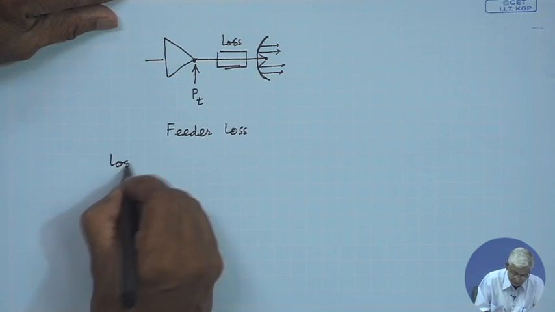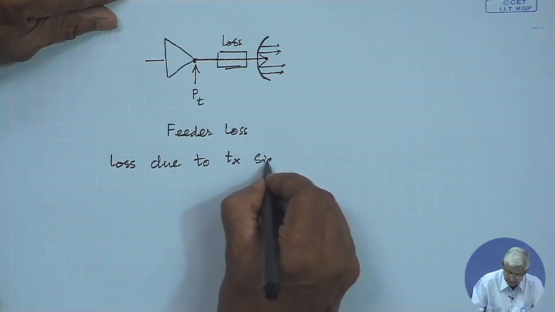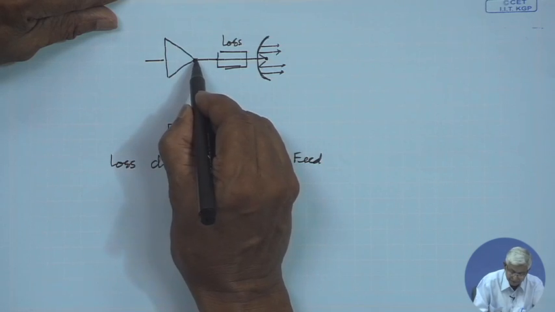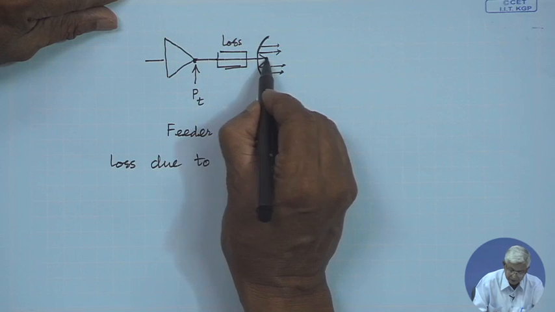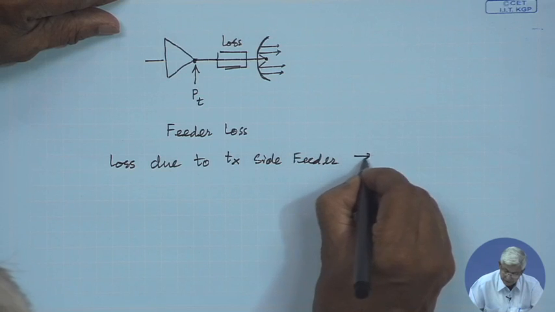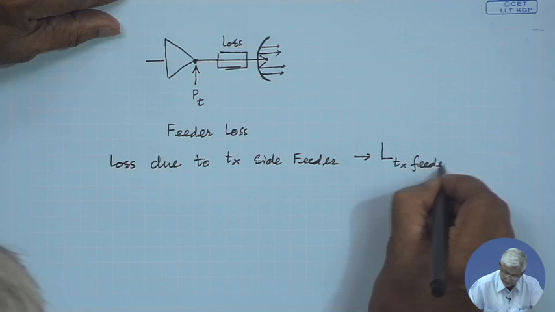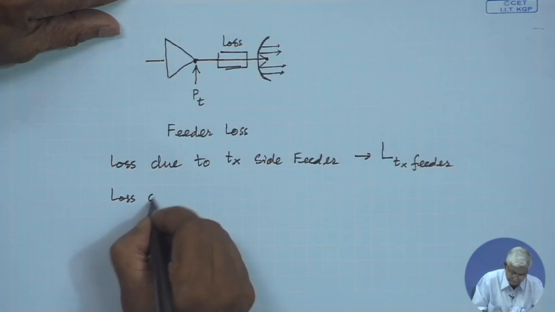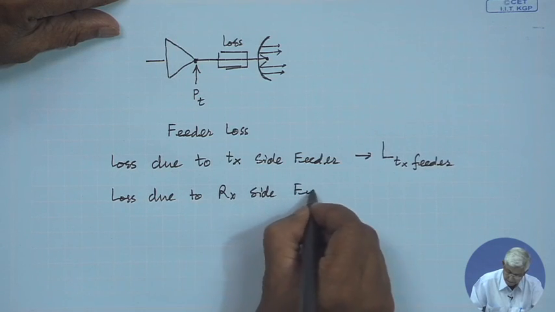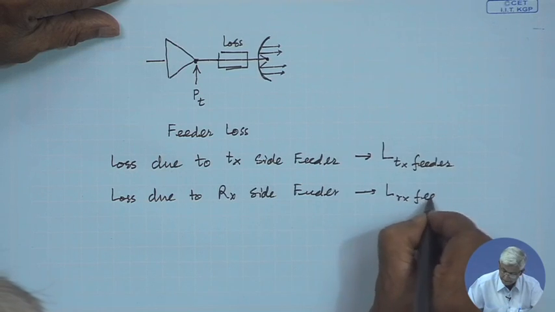So, loss due to transmit side feeder, we are using the term feeder, that is, it is feeding the power from here, that is power amplifier, to the antenna. So, antenna feeder loss, transmit side feeder, we can term it as L transmit side feeder, and loss due to receive side feeder is L Rx feeder.